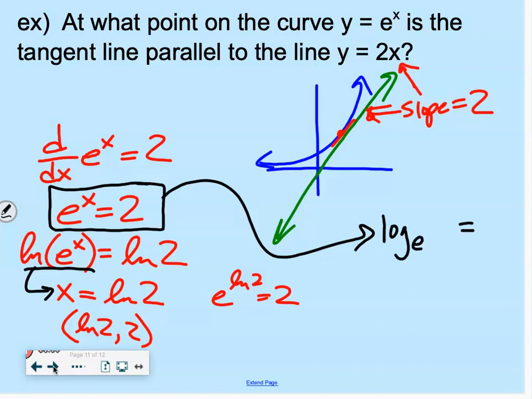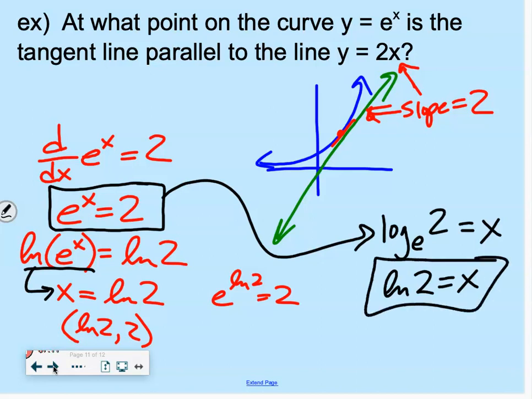The exponent is always what the whole log equals. A log always equals an exponent. And then the 2 is the other spot that you need. Log base e is the same thing as ln. So e to the x equals 2 is equivalent to saying x equals ln 2. Those are equivalent statements. Being able to go back and forth is kind of important. So make sure you can do that.